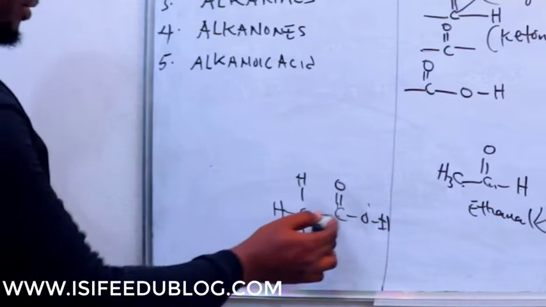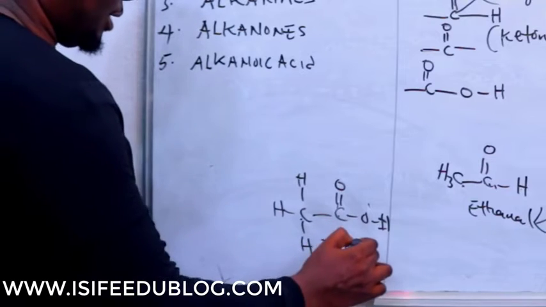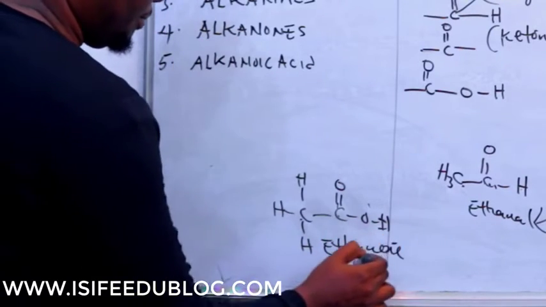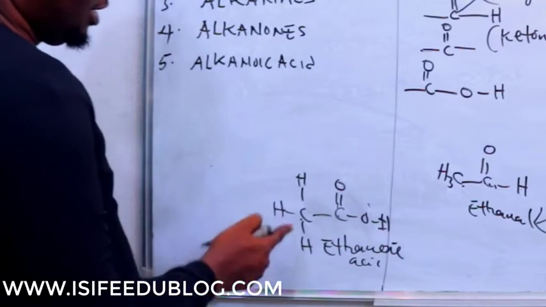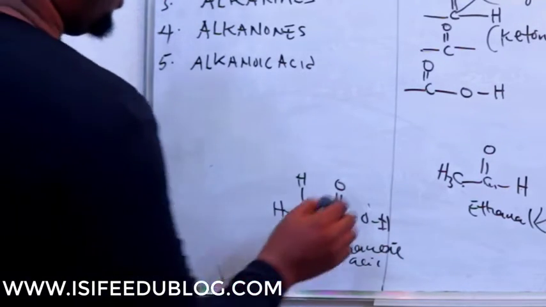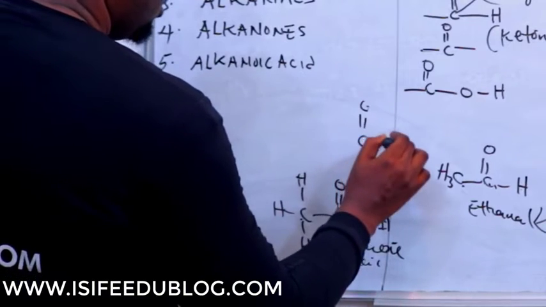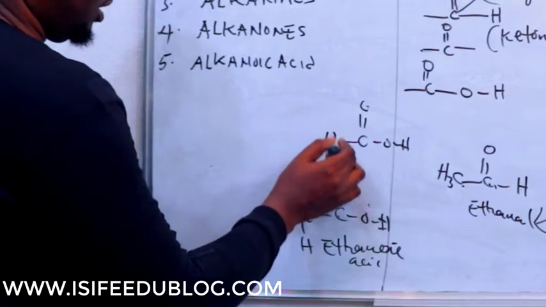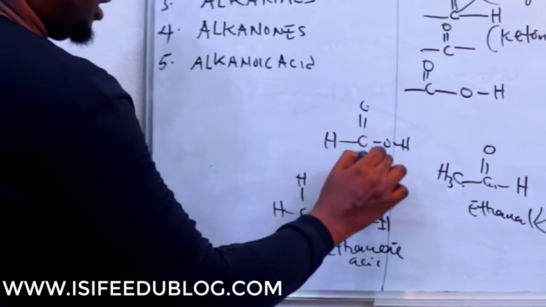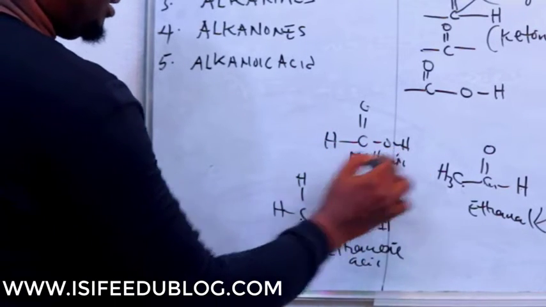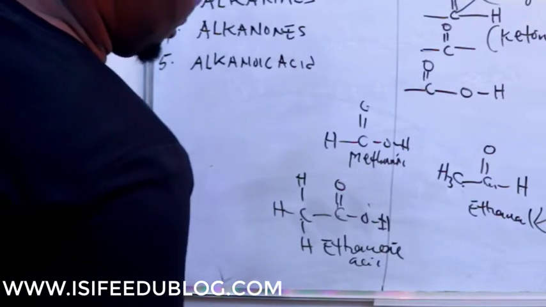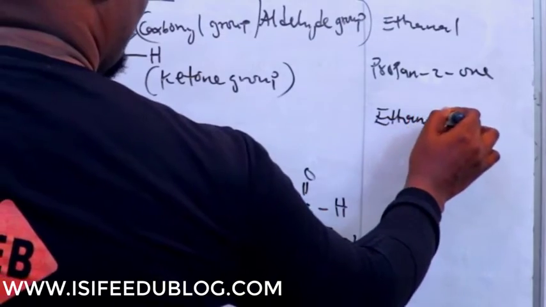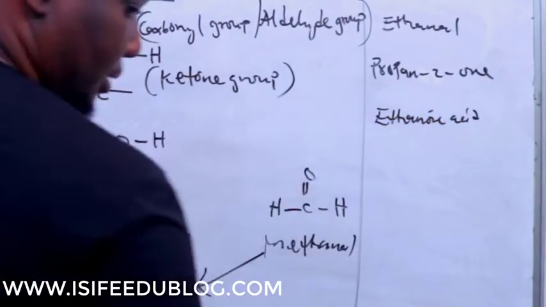It is 2 carbons, so this is ethanoic acid. If this is the structure of ethanoic acid, then methanoic acid will also be just taking away CH2, so what will be left here is just H. So this one is methanoic acid.